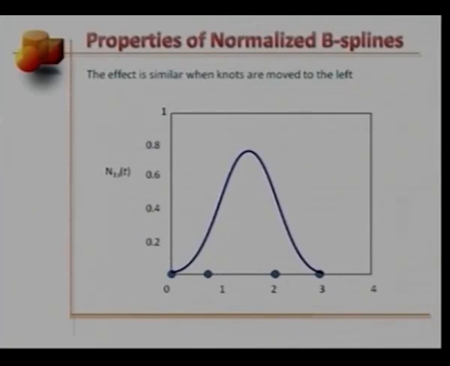If I move T1 to T0, making T0 of multiplicity 2, I lose slope continuity here. If I further move T2 to T0, I lose position continuity further at this knot.